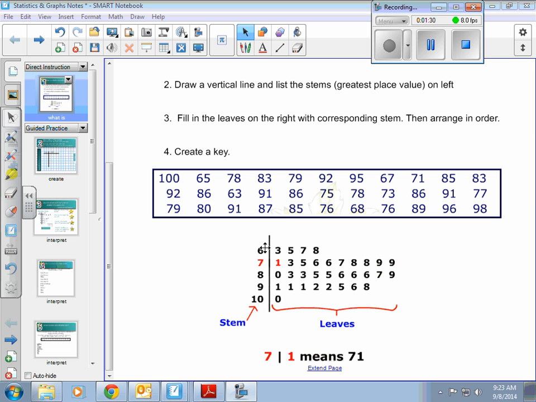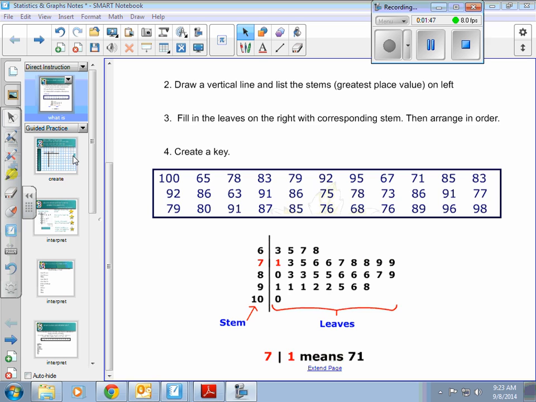If you look to the left of the line, those are your stems. If you look to the right, those are the leaves. And then finally, we always make a key. So if I have 71, that really means 71. And you can see that here with the red in the stem and leaf plot.